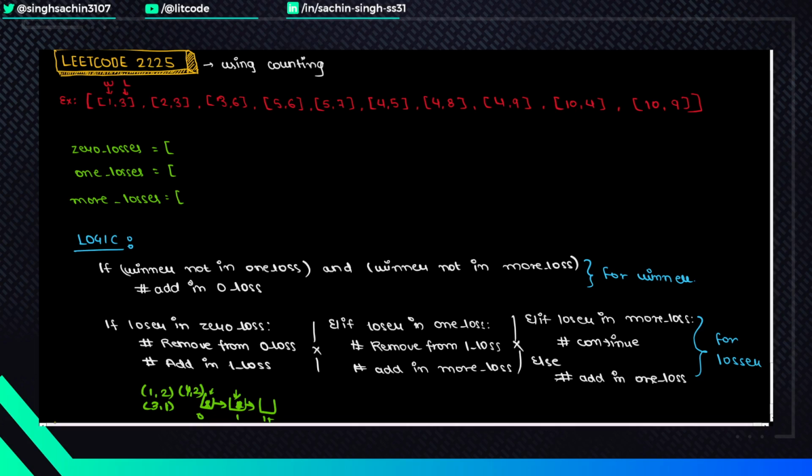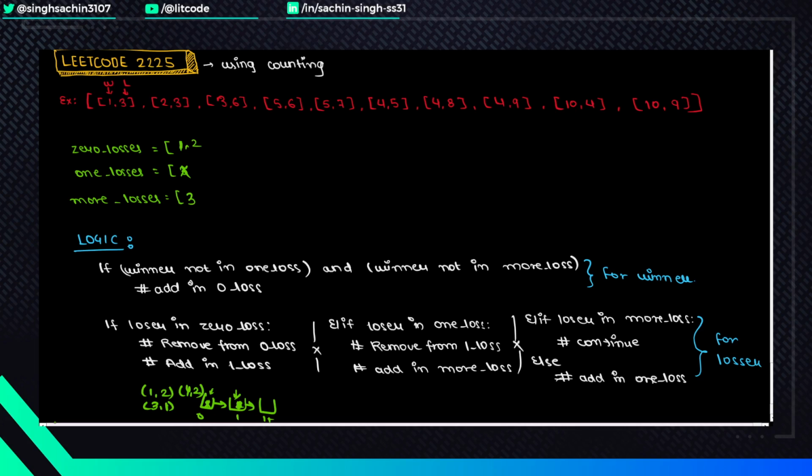Let's go through the example from the problem statement. Over here, 1 is the winner, he has not lost any of the matches, and 3 has lost exactly one at the moment. Now comes 2 and 3. 2 has not lost any match, and 3 will be moved; we will cancel 3, as he has now lost more than one match. Now we have 3, so he is not in 1, but in the other bucket, so we will not add him in 0 losses.